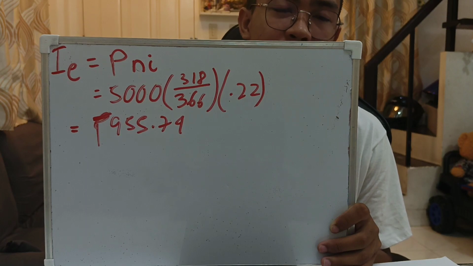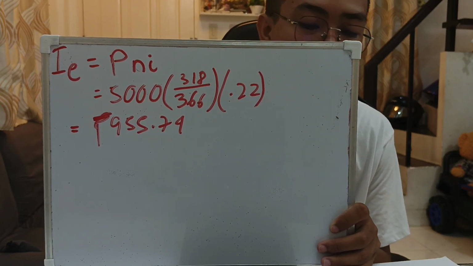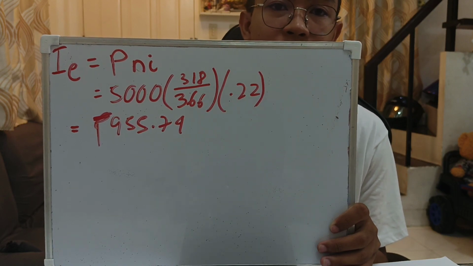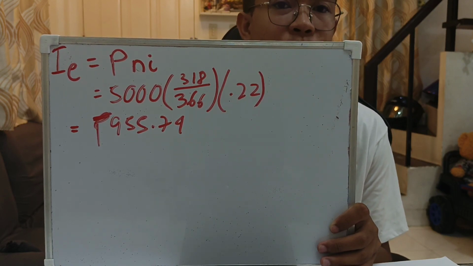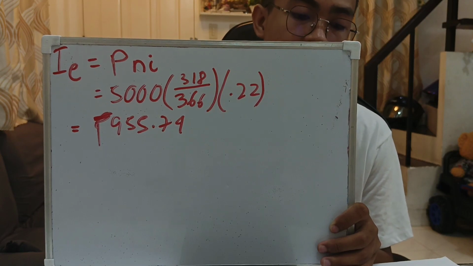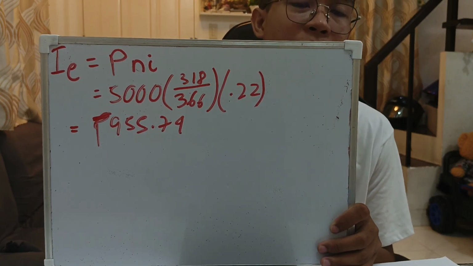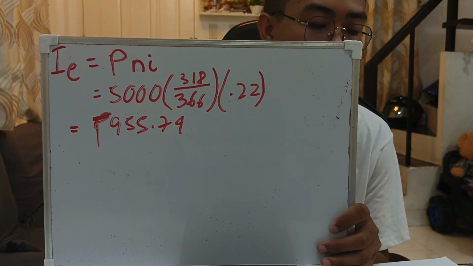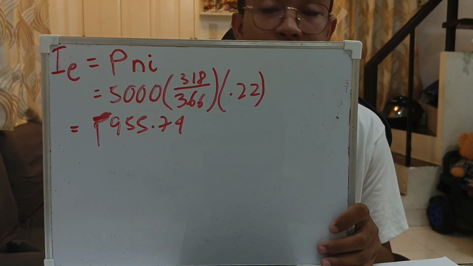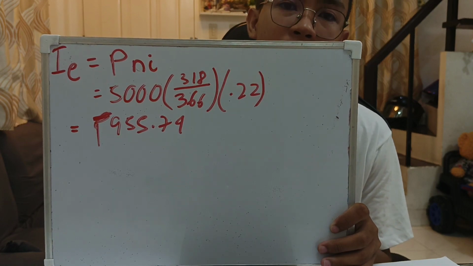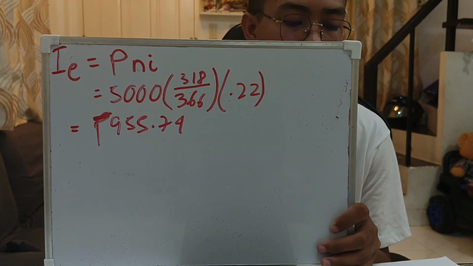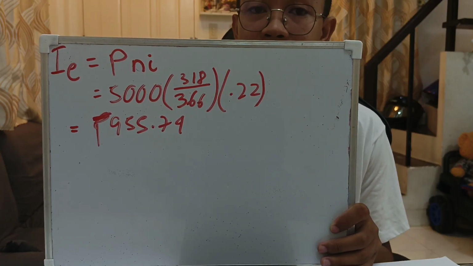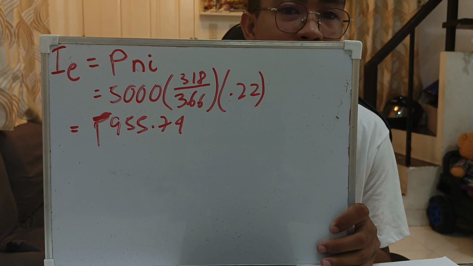You can use the counting method in solving for n. For January 15, you will exclude it, so you start counting at January 16 until November 28, 1992, which you also exclude. You will arrive at 318 days, divided by 366 days, since 1992 is a leap year.